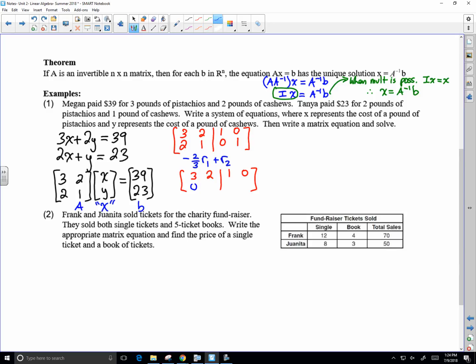So zero out the first entry in the bottom row. Let's see, that's negative 4/3 plus 1, so negative 1/3. Then we're looking at negative 2/3, 1. All right, so let me multiply the second row by negative 3.